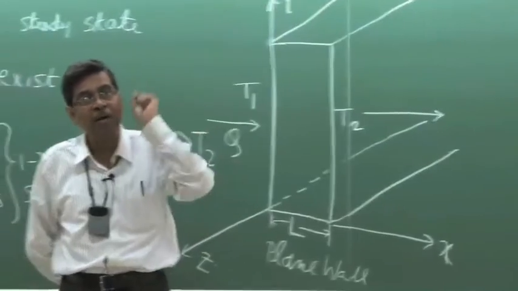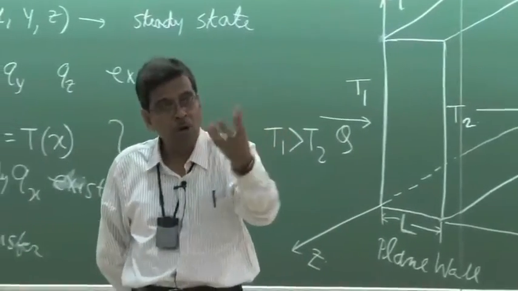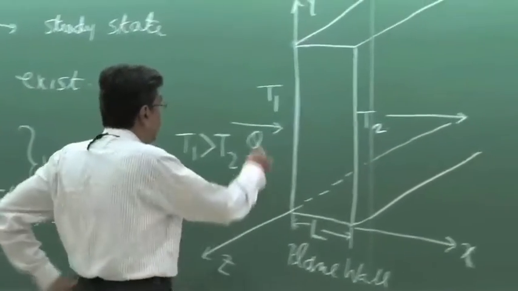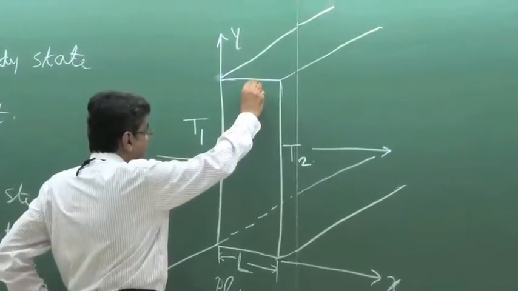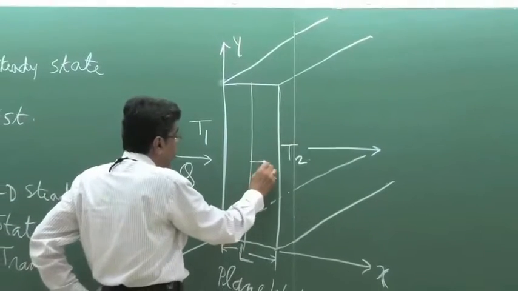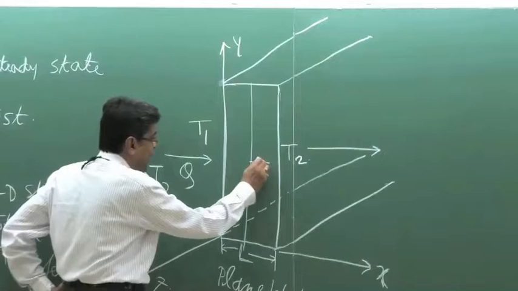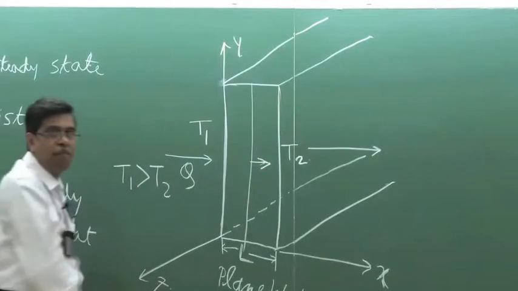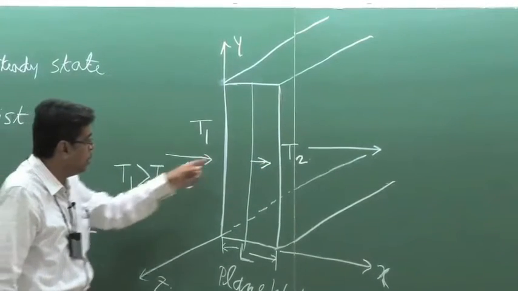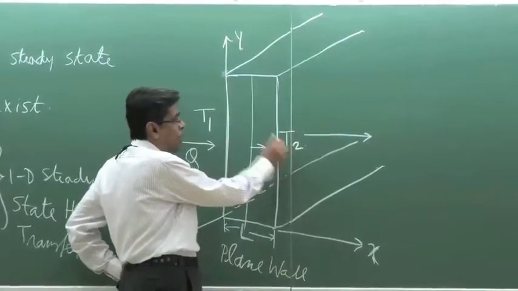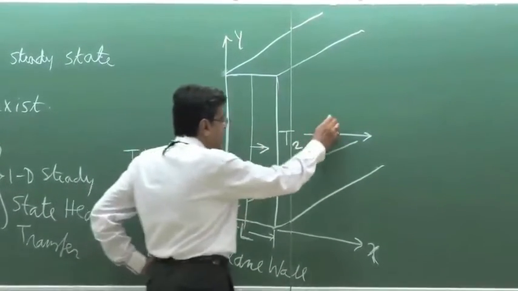That means without adding anything to it or without taking anything from it, which means that the heat flow at any section will be constant. And as a whole, the amount of heat which is coming into this wall from the left side is going out from the wall at the right side, the same heat.